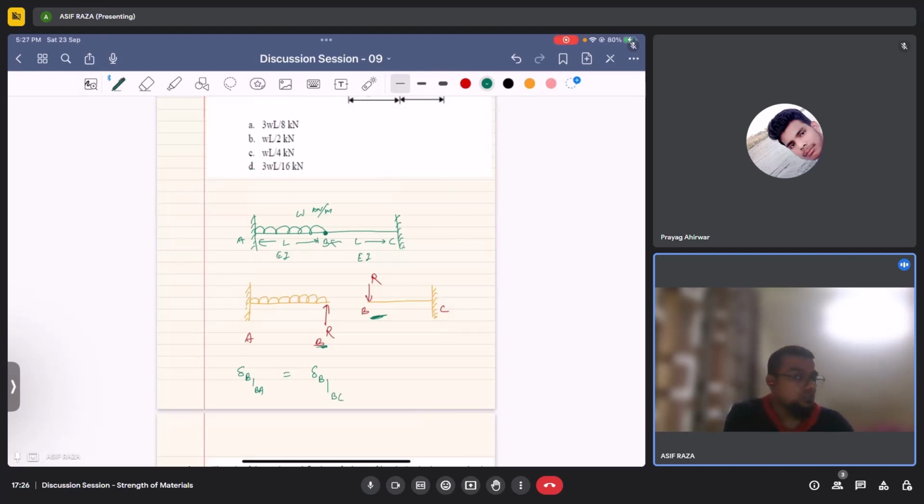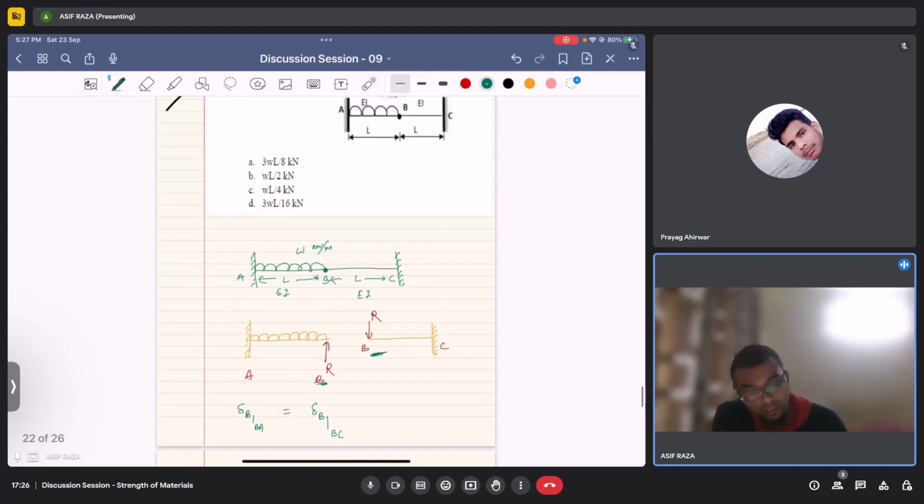To have the continuity in the system. I mean to say this point B would displace by a certain amount delta B, and this should be equal for both cases if I take AB or BC, right?